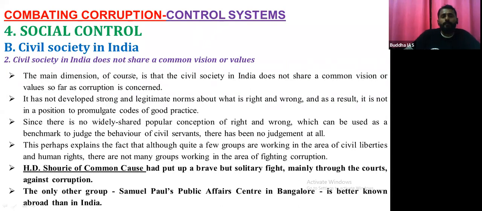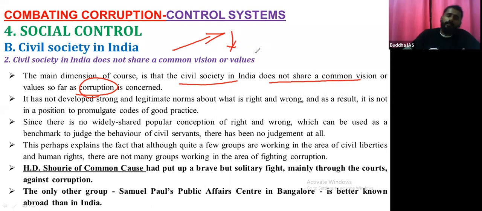The main dimension, of course, is that civil society in India does not have a common vision or value so far as corruption is concerned. In India we don't have a common vision as to what is corruption, what is not corruption, how to curb corruption.